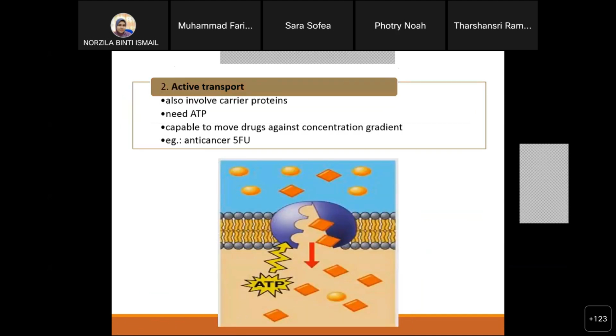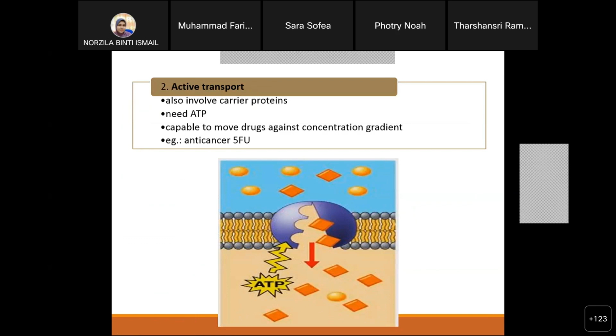Active transport usually needs energy or ATP. It also involves carrier proteins, and active transport can move drugs against the concentration gradient. For example, the anti-cancer drug 5-fluorouracil. This one requires ATP.